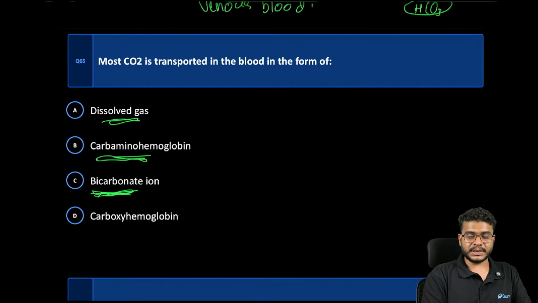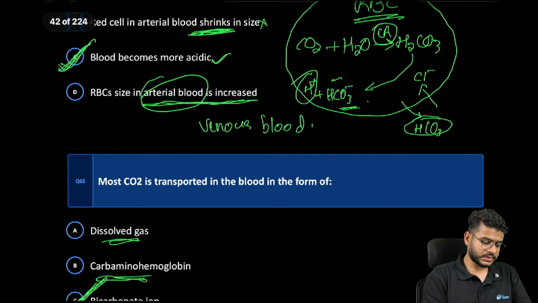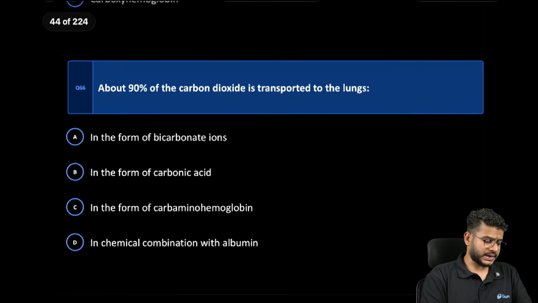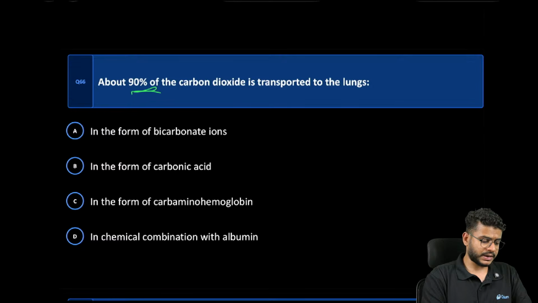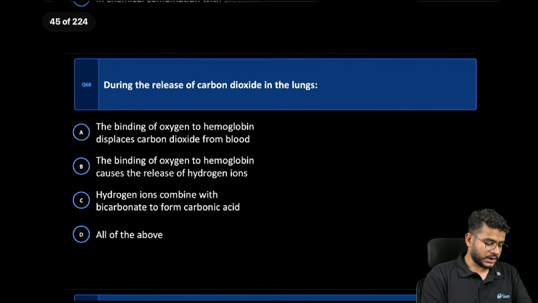But the most amount, nearly 90 percent, is transported by bicarbonate ion, as we discussed in the previous question. The same question repeated again: about 90 percent of the carbon dioxide is transported to the lungs in the form of bicarbonate ions. Easy, the same question. Next, during the release of carbon dioxide in the lungs.